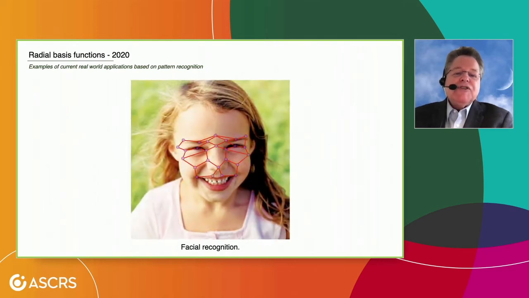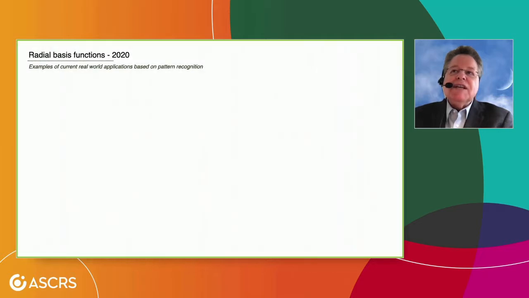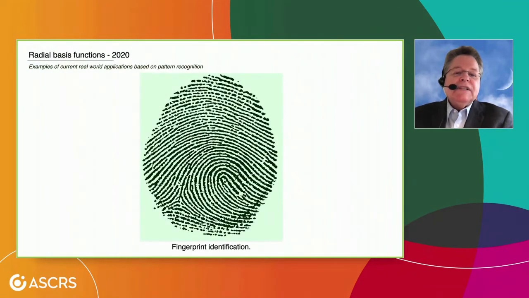So for artificial intelligence, by pattern recognition, here we're using radial basis functions. Facial recognition is a very common application. When I pick up my iPhone, I look at it, it recognizes my face, and boom, takes me right into where I want to be. Because fingerprints are a pattern, law enforcement can use this. We've got a couple of metrics. We have both location and we have the angle of the little swirls.